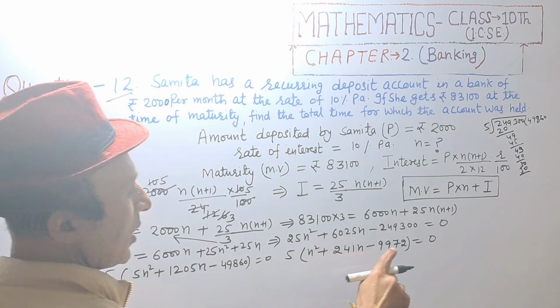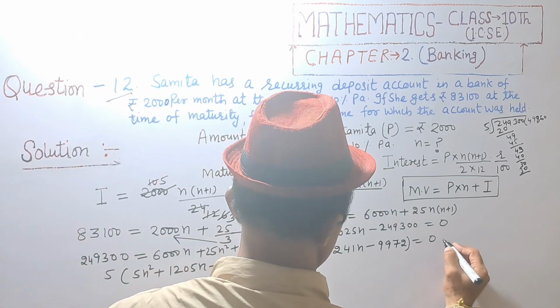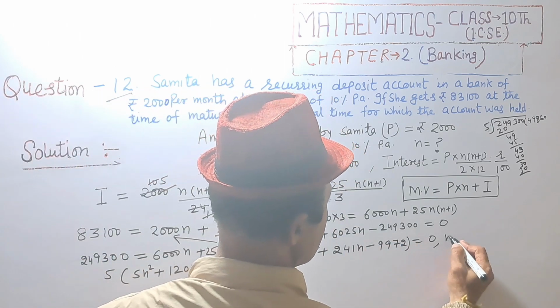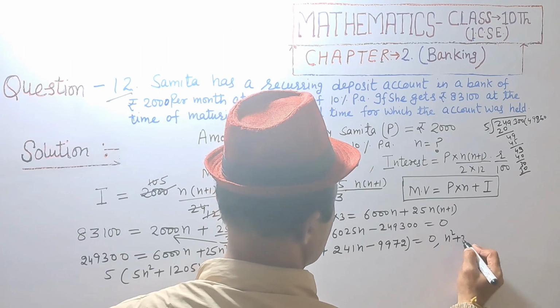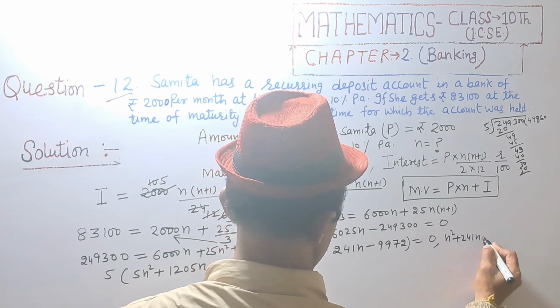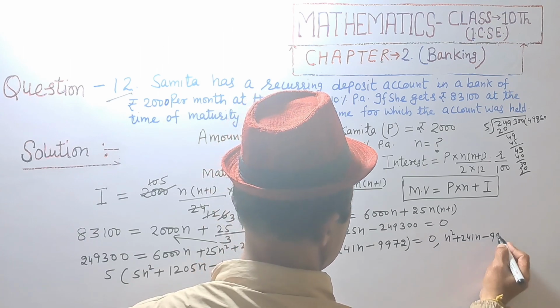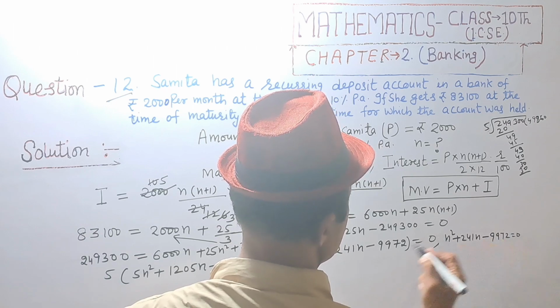It's a quadratic equation, 5 not equal to 0, so n square plus 241n minus 9972 equal to 0.